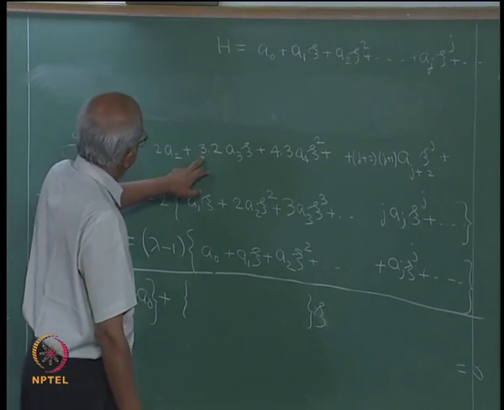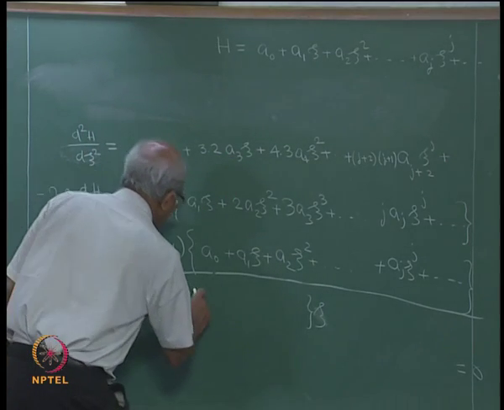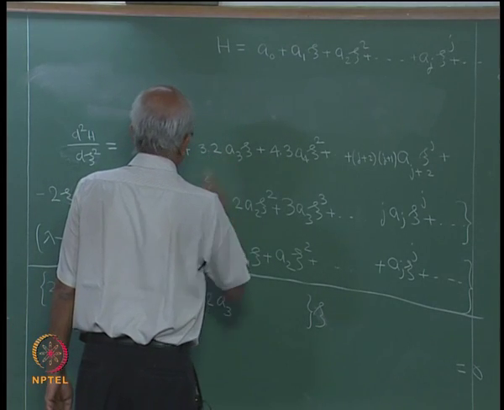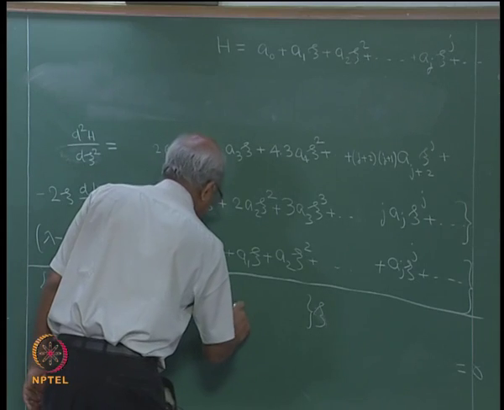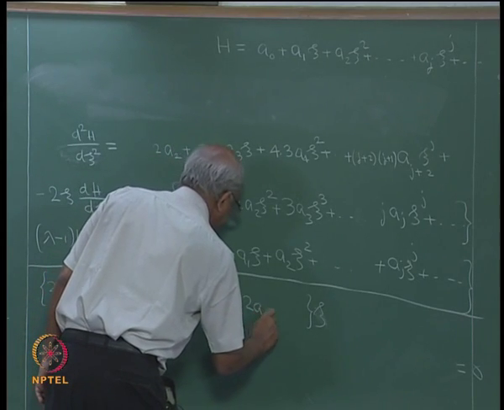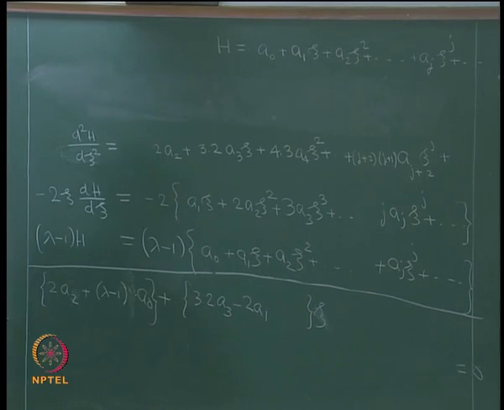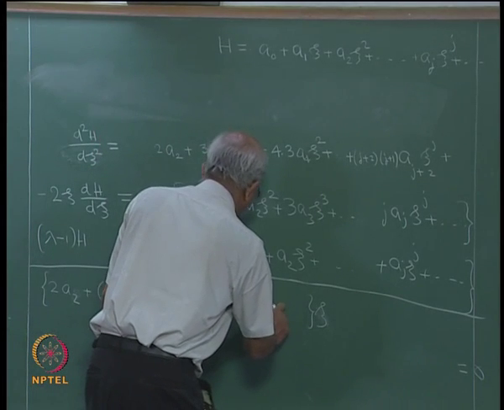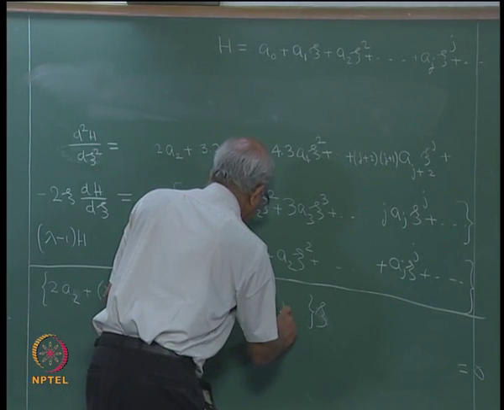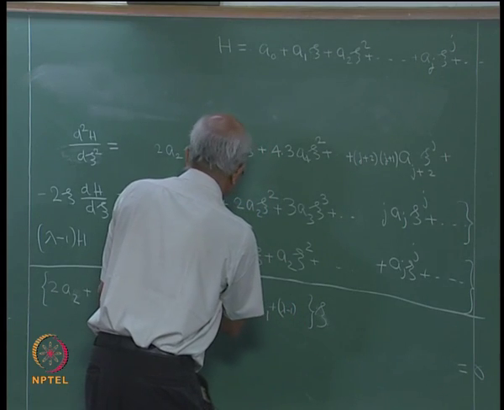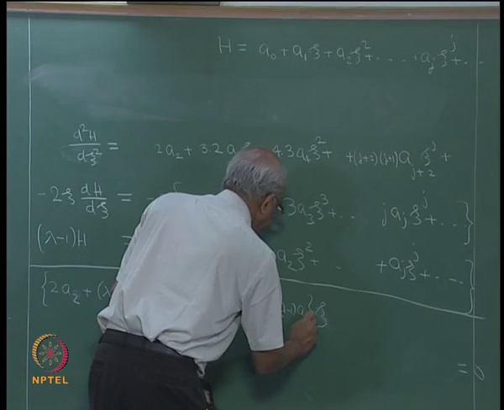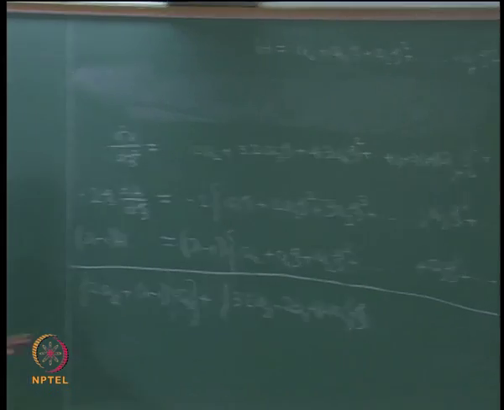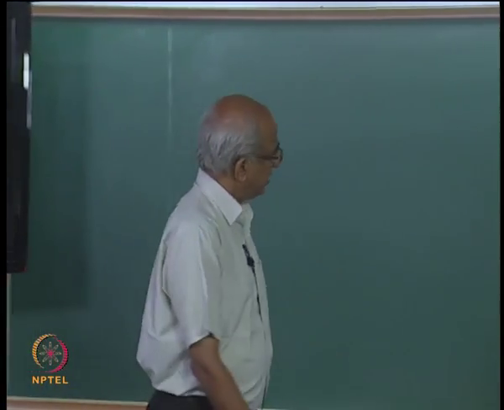Well, here you will see that it is 3 into 2 A3, and here it is actually minus 2 A1, and from there you will get plus (lambda minus 1) into A1, correct.